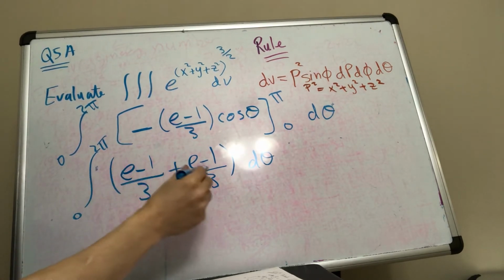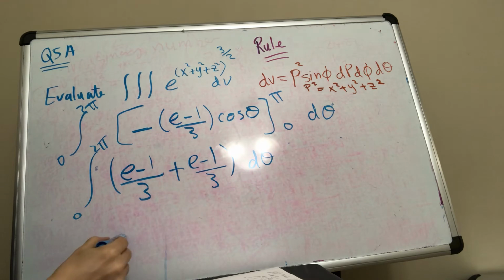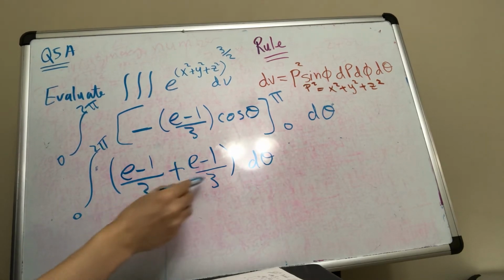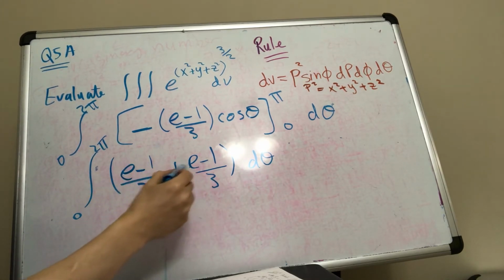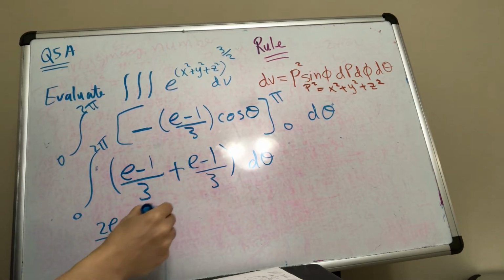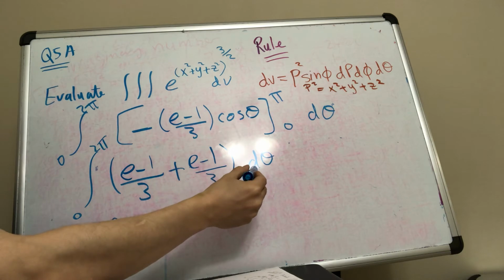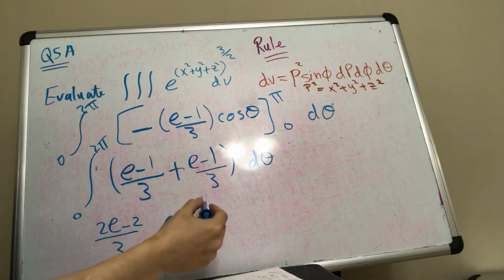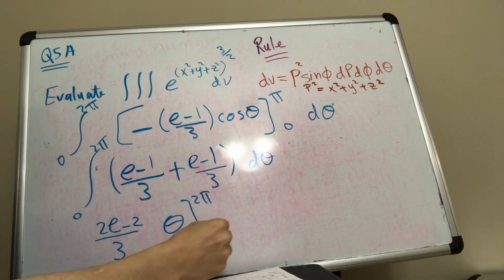When you add these two, you have a constant, I can bring it outside, common denominator 3, e and e, 2e, minus 1, minus 1, minus 2, that's a constant. And then you're integrating d theta, that would be theta, from 2 pi to 0.